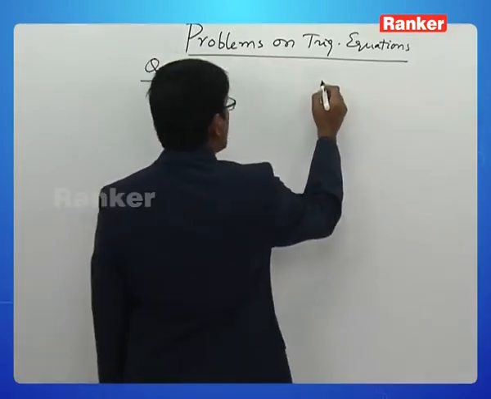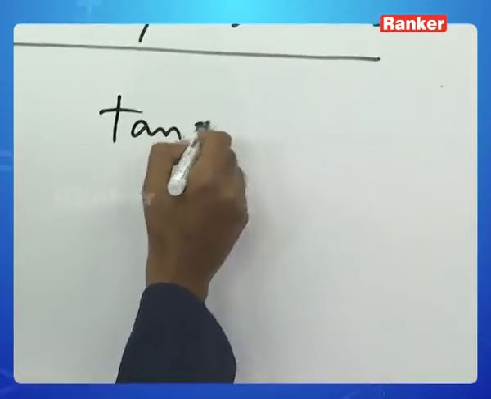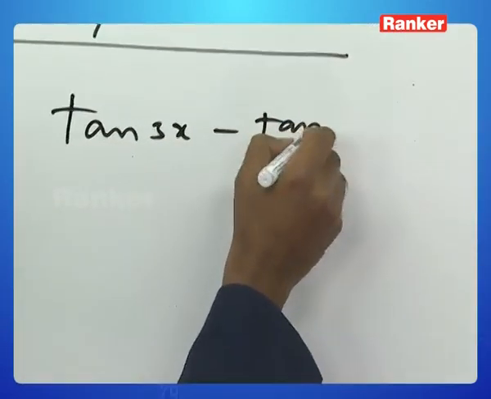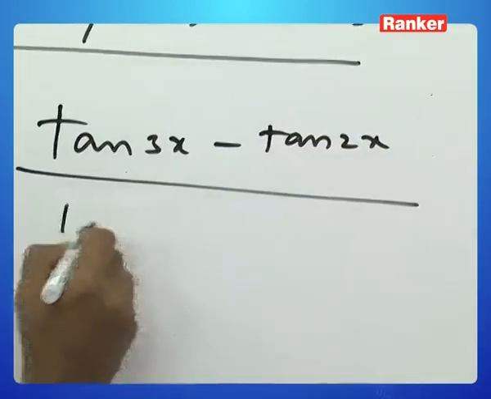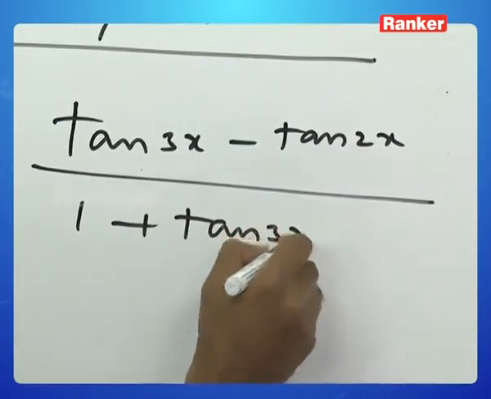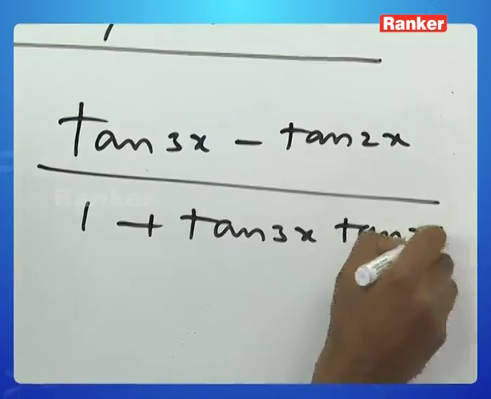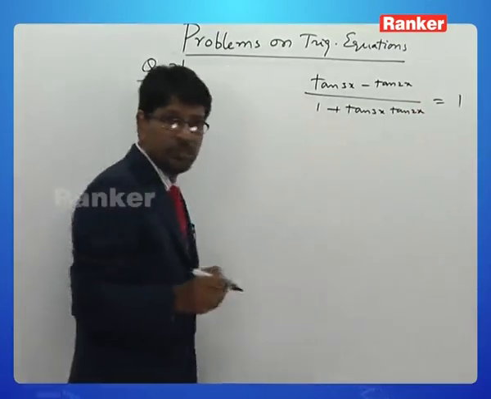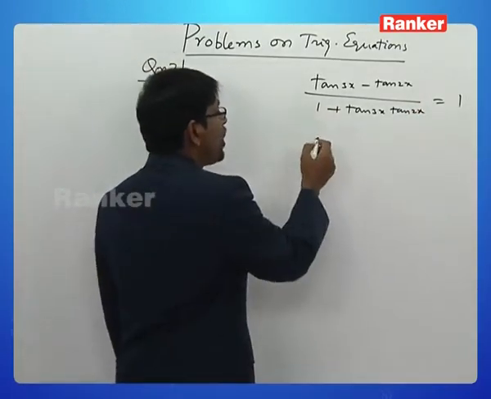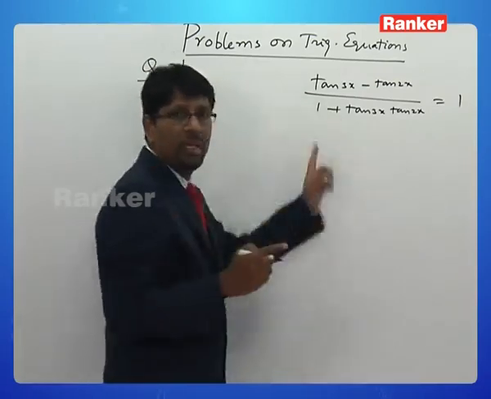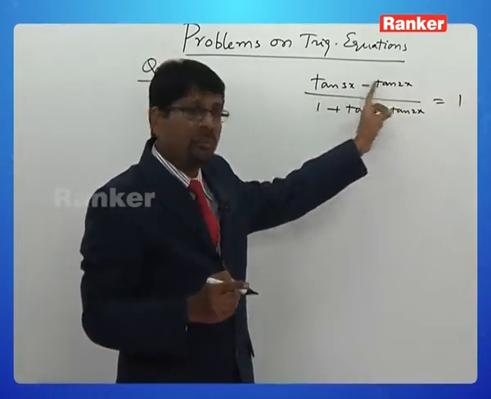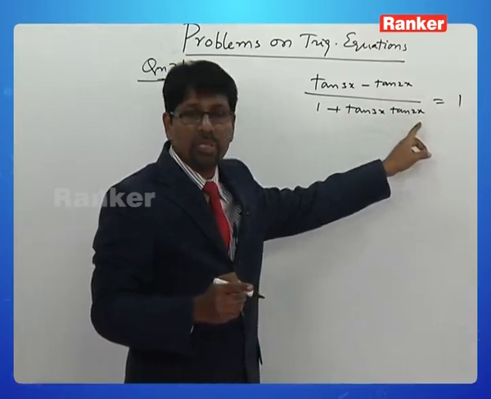Now let's look at this equation, tan 3x minus tan 2x by 1 plus tan 3x tan 2x is equal to 1. Now clearly this is in the form of tan A minus tan B by 1 plus tan A tan B. What is that formula?